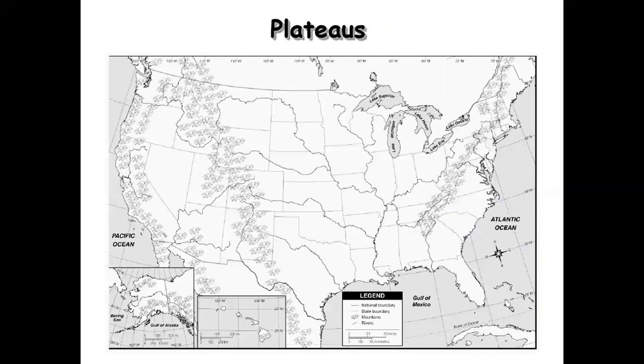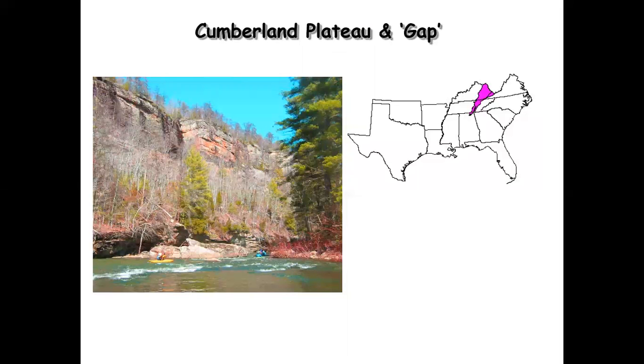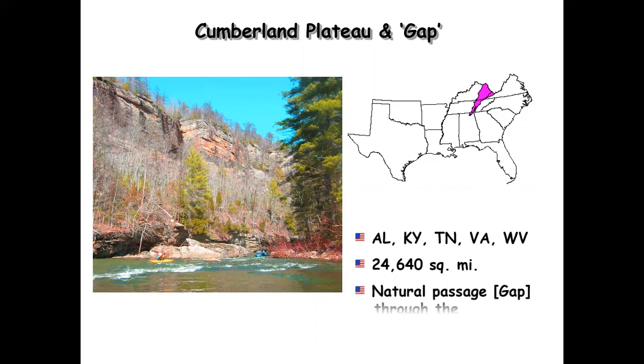All right, plateaus. Plateaus are basically like those big flat chunks of land that just stick out above everything else. We have the Cumberland Plateau, which is part of the Cumberland Gap. Everybody's heard of the Cumberland Gap, right? So that is from Kentucky down into Tennessee and part of northern Alabama.